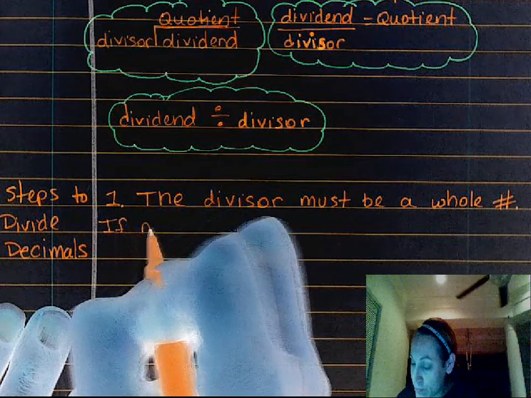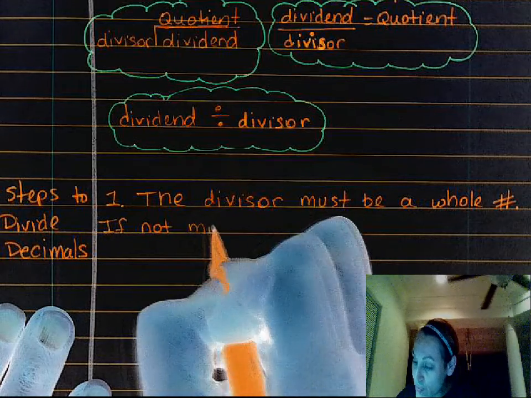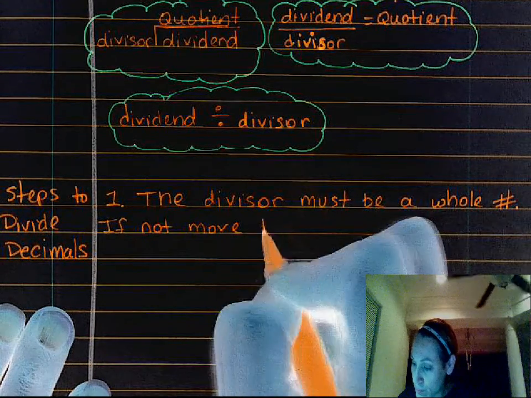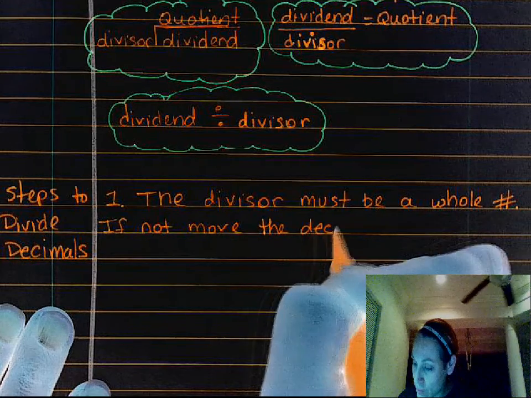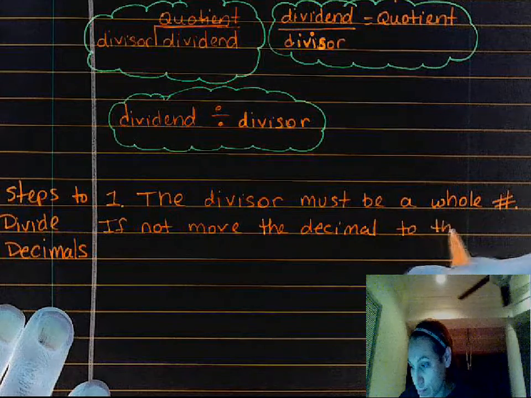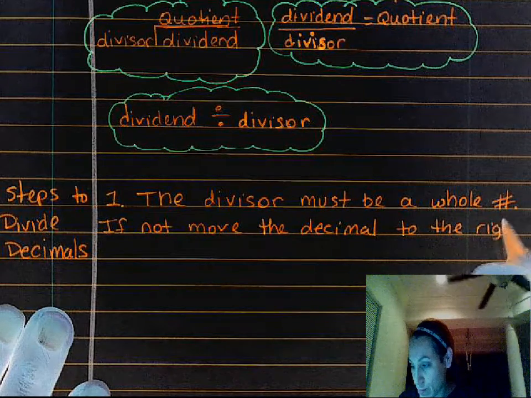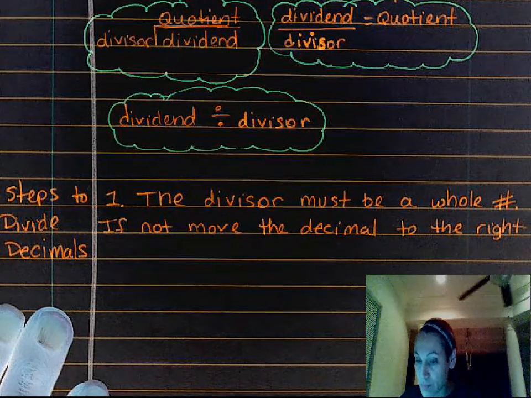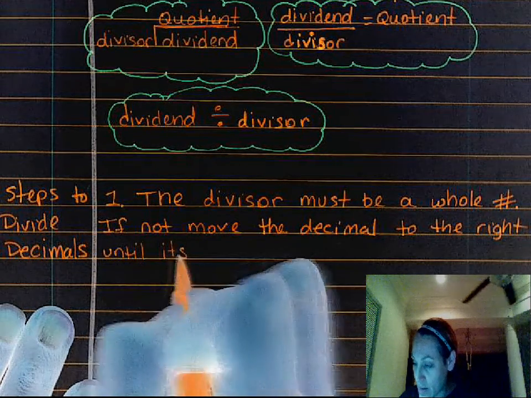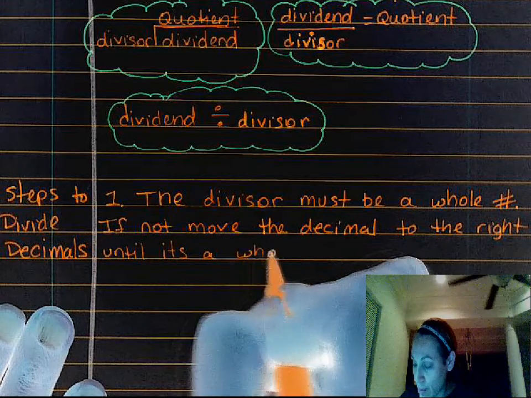If not, move the decimal to the right until it's a whole number.